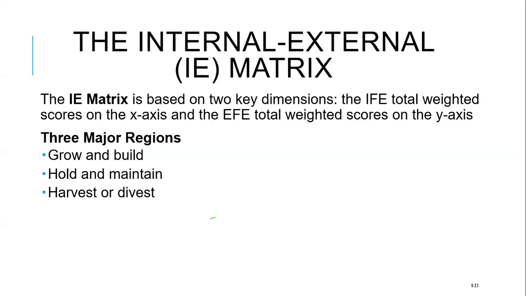It does so by also using the Cartesian plane, and it ends up breaking the entire business environment into three main regions: the grow and build region, the hold and maintain region, and the harvest and divest region.